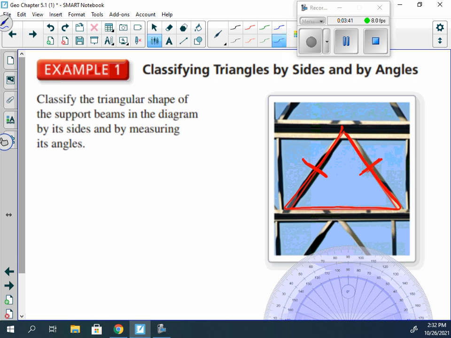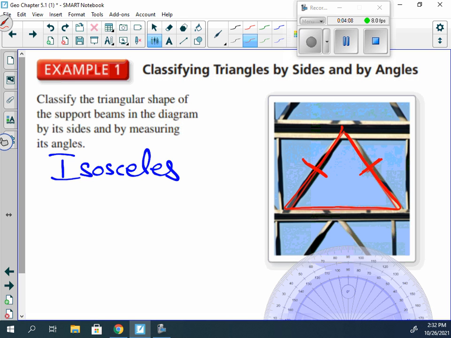Well, those two markers are saying that those two sides are what? Congruent, they're equal. Well, the other side doesn't have it, so would it be congruent or equal to those other two? So how many sides in the triangle are congruent? So what does that make it? It makes an isosceles triangle.